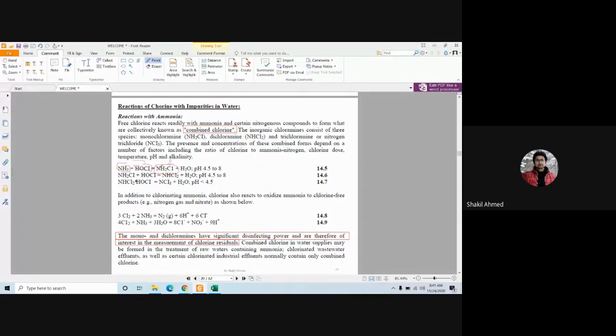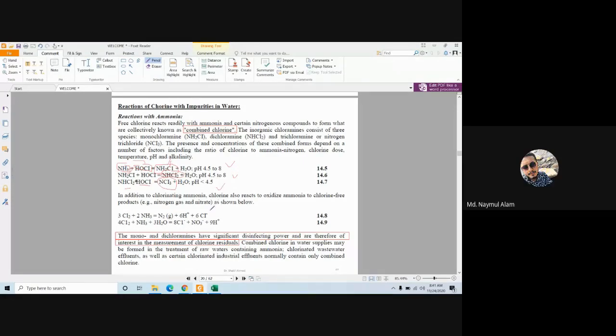Again, this species reacts with another hypochlorous acid and replaces one hydrogen again with chlorine. Now you can see there are two chlorines, so it's dichloramine. Okay, and similarly, this dichloramine, I'm referring to this species, reacts again with hypochlorous acid and produces trichloramine, and it happens at different pH ranges, as you can see.